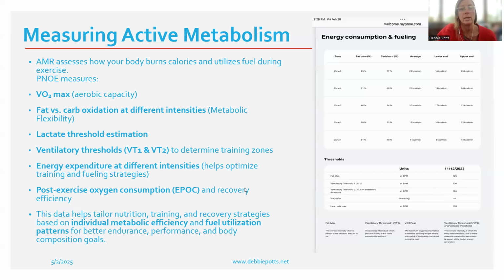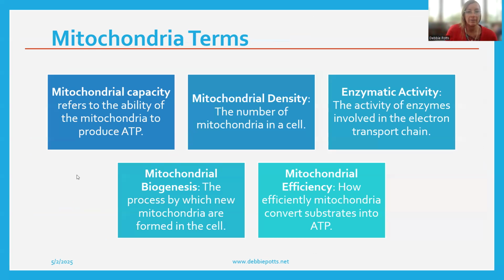So what do we get from this that benefits everyone is metabolic health, your mitochondria. So mitochondria, as you know, we talk about ATP. How much energy can we create? Our cells have mitochondria in them, except for a red blood cell. And the ability of the mitochondria to create more energy is mitochondrial capacity. Now, density, how many mitochondria can we fit into each cell, is mitochondrial density.